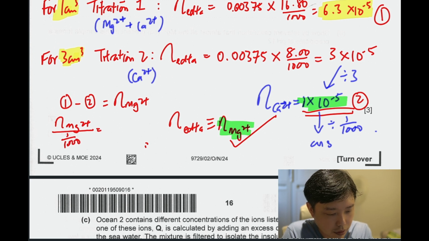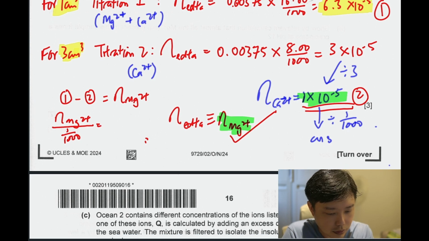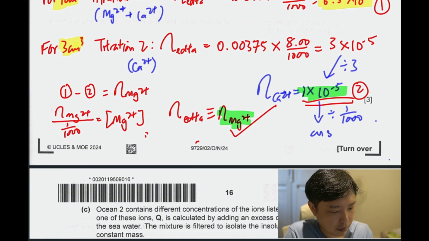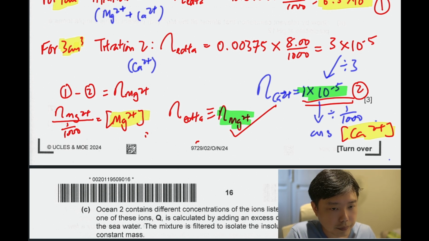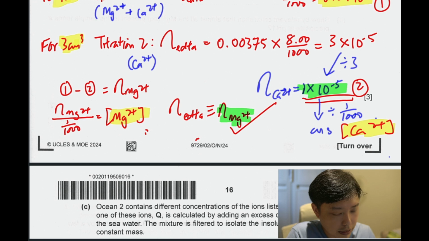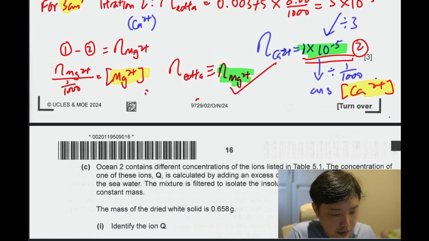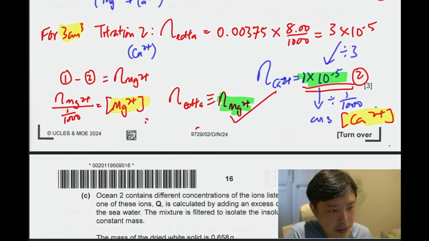That will give you your answer, which is concentration of magnesium. So this one here is concentration of calcium. 2 answers worked out. So that's it for part A and B.